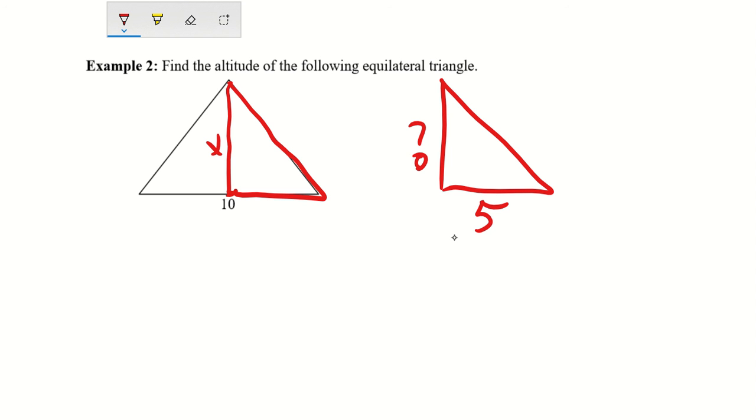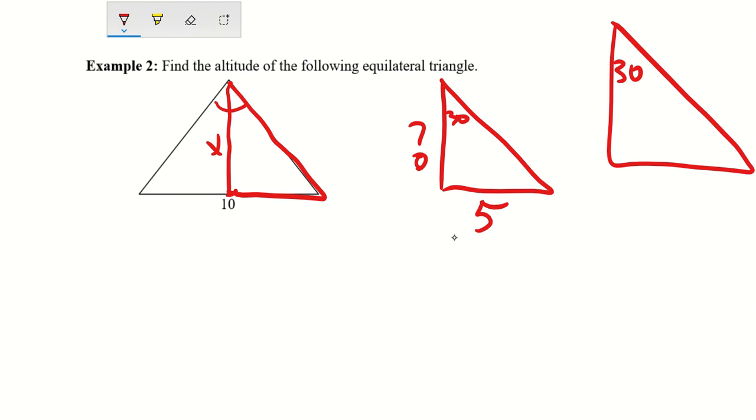Since it's an equilateral, it's 60, 60, 60, but this part gets broken up in half, so my 30 would be here. Whenever they give me the 30, I like that because the 30 is just x. To find the one in front of the 60, you have to multiply that one times the square root of 3.